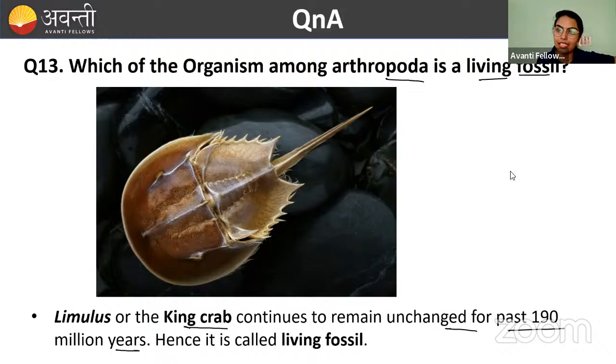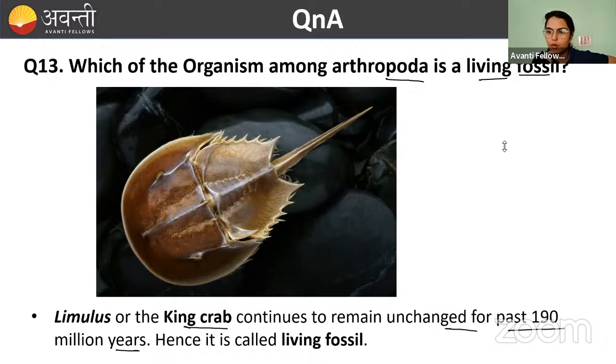Okay, अब मैंने आपको बताया था living fossil. I had given you an example in the plant kingdom also. तो वहां पे plant kingdom या फिर biological classification where we had studied living fossil. Which previous chapter have we studied about living fossil?